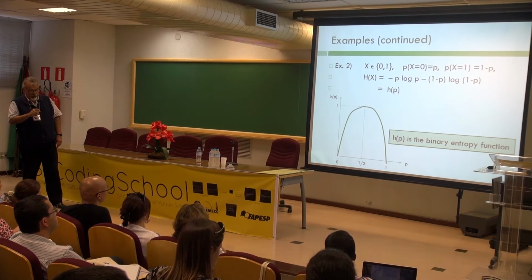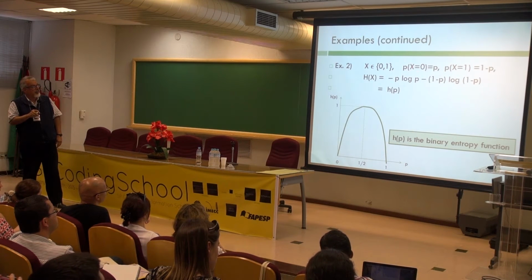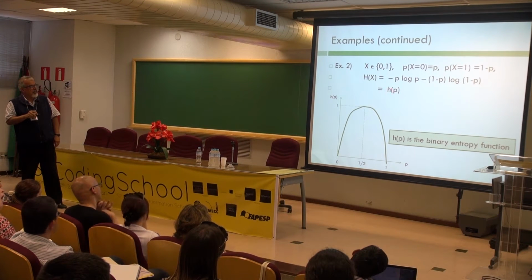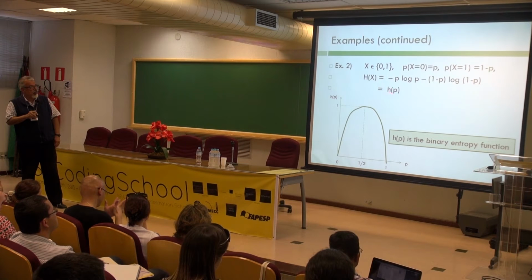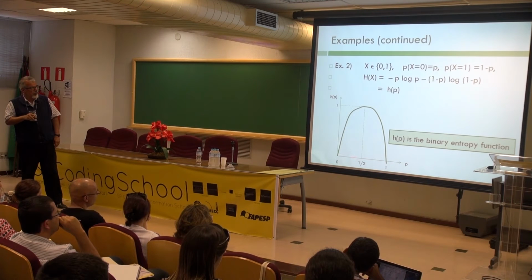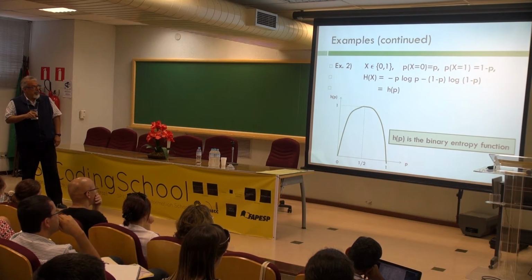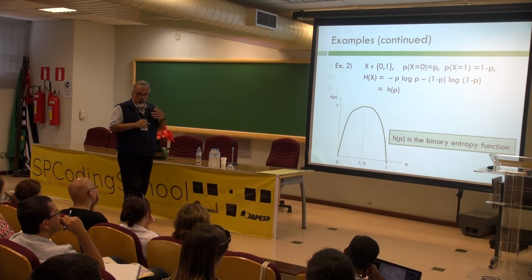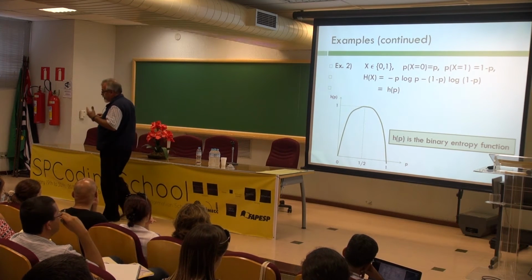Now let's look at something different. Suppose we have a binary random variable that has a probability p of being 0 and 1 minus p of being 1. Then the expression is this, and this expression is particularly important, and so it has a different notation. It goes for small h of p, and it's a function that's just like this. It goes from 0 to 1. The maximum is at 1/2. And it's interesting because, imagine that these two possibilities were the ones that I talked about earlier. The sun may rise or the sun may not rise.